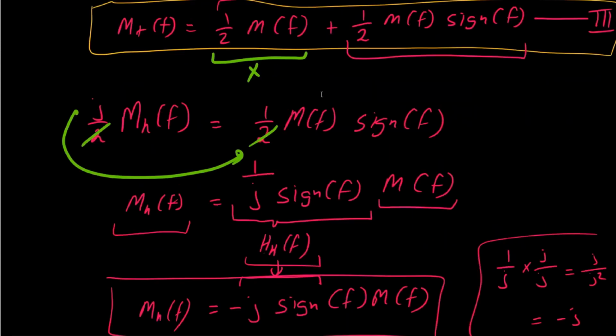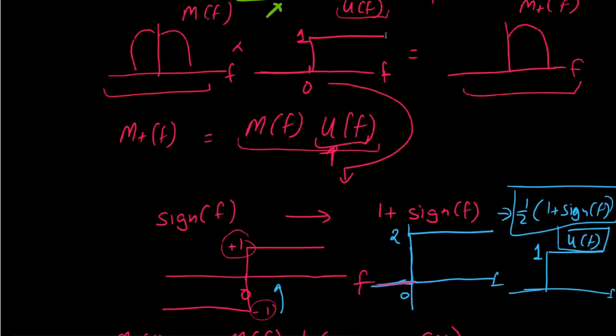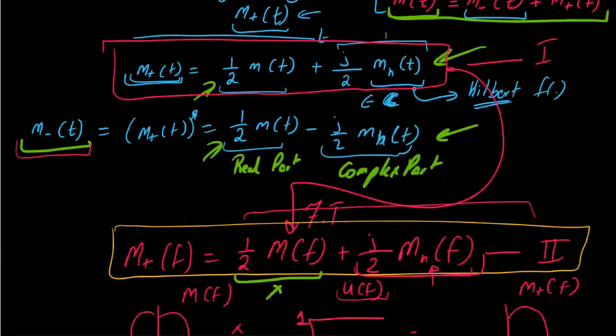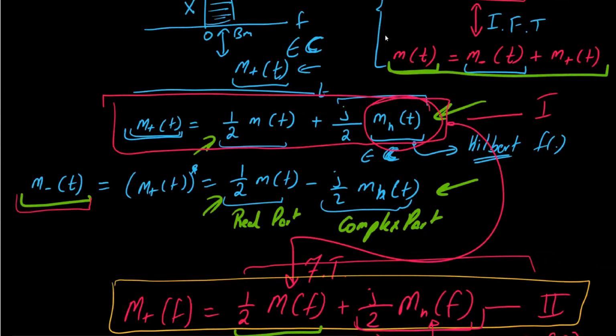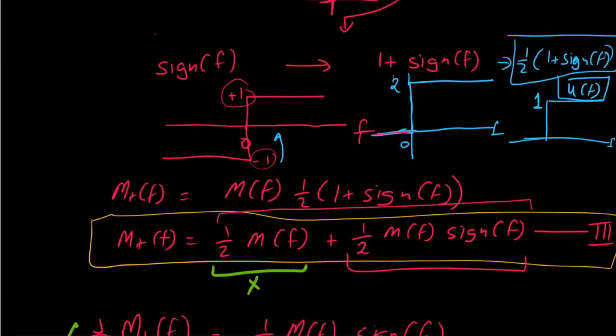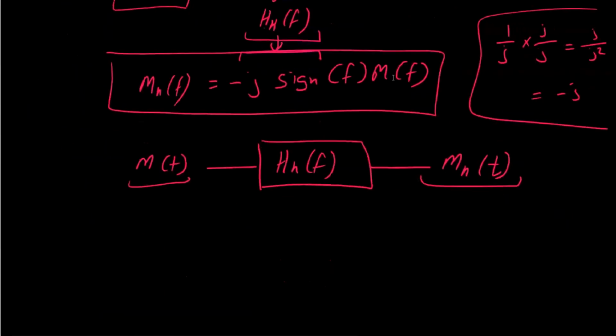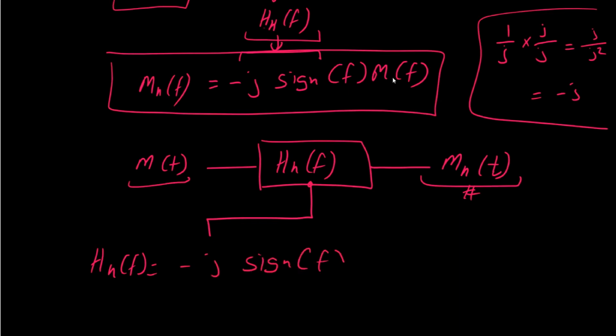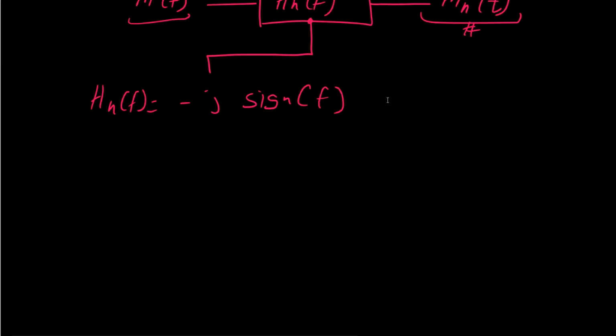This is the thing that we added over here, right? So this is what we get. This is simply h of f, which from this expression is minus j sine of f.